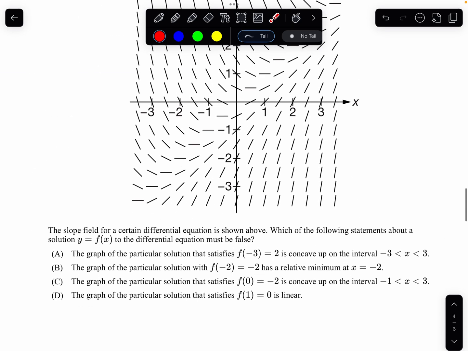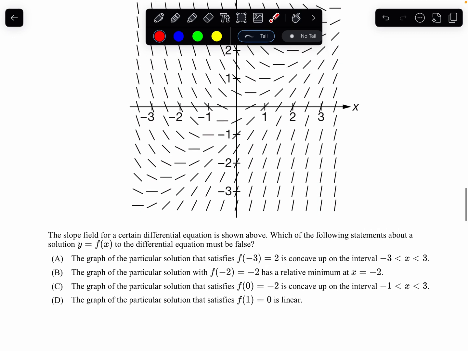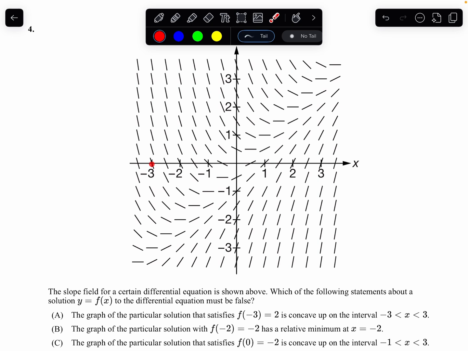For 4, the slope field for a certain differential equation is shown above. Which of the following statements about it must be false? So we already did one kind of similar to this. The graph of the particular solution satisfies negative 3, positive 2.